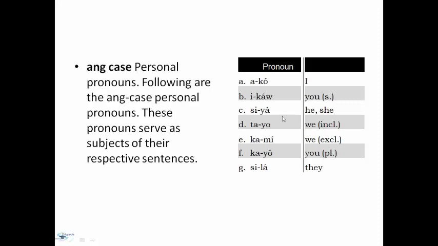Siya, you're talking about he or she. Tayo, you're talking about we, including yourself. Kami, we, excluding yourself. Kayo, you're talking about the other persons in plural form. Sila, they.